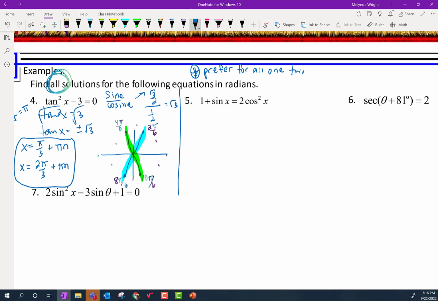That's our preference. Like I want all sines or all cosines. I don't want a mixture. Now, is it possible to solve with a mixture? Yes, but our preference, if we can, is to get all one trig function.